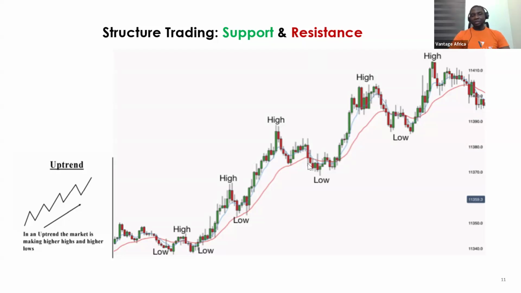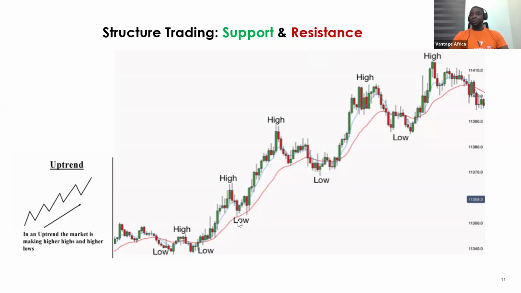Then you notice too that the bottoms here, everything here, is the low point of the chart, right? We have a low here, but this area has a low too. But this low is higher than this low, so we call it a higher low.